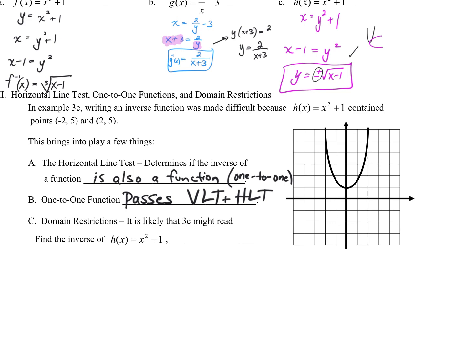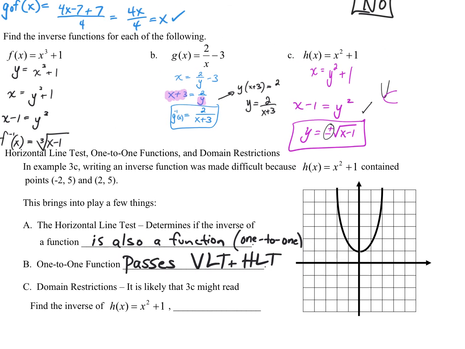So in cases like 3C, we usually introduce domain restrictions. Basically, we restrict the domain of the original function to guarantee that the inverse is also a function. Basically, we cut half of the quadratic parabola off, so when we flip it on its side, it's a square root function.